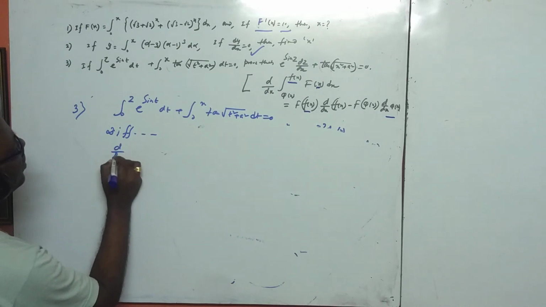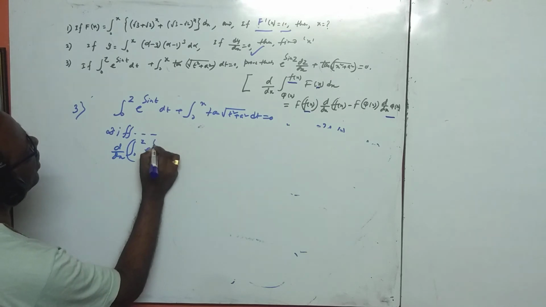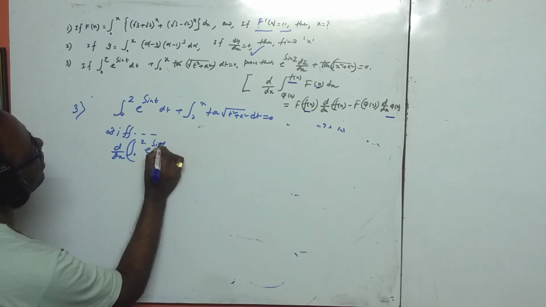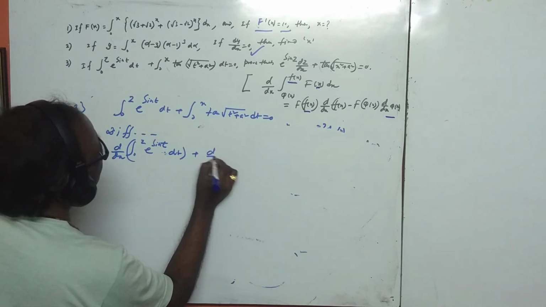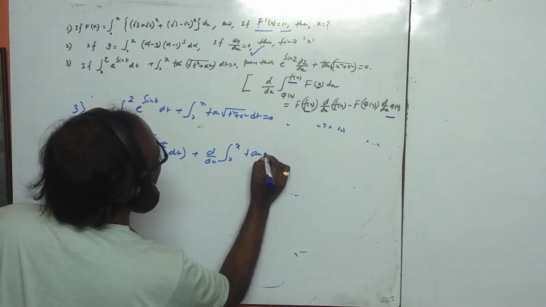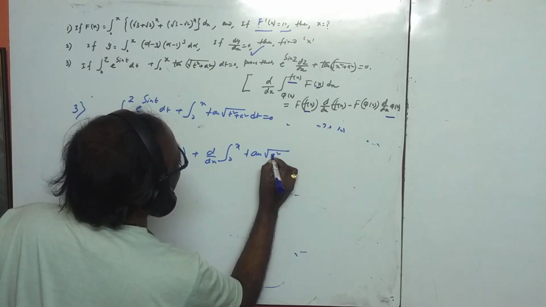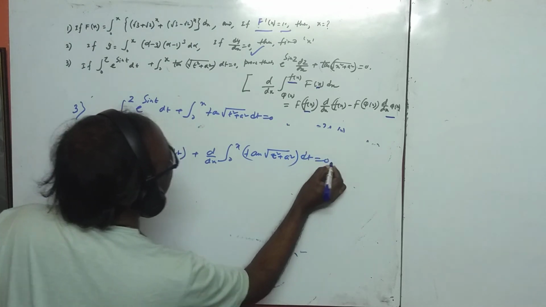Then d/dx of the integral from 0 to z of e to the power t dt, same as d/dx of the integral from 0 to x of tan root over (t square plus a square) dt here, and 0.